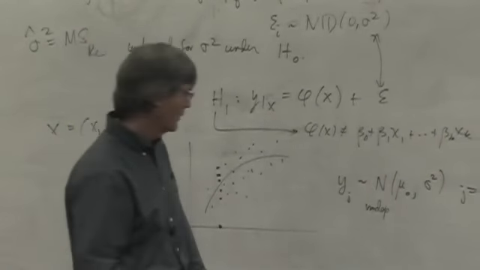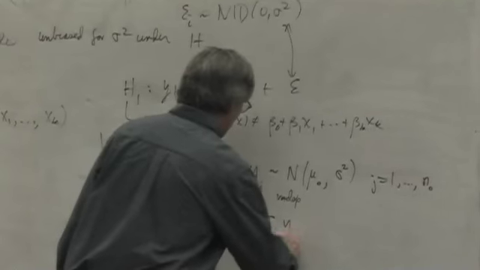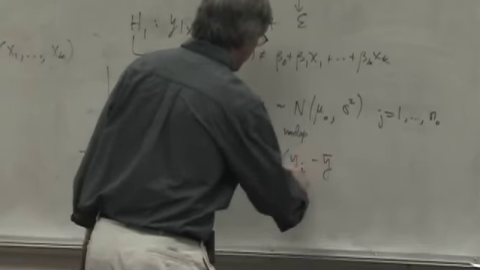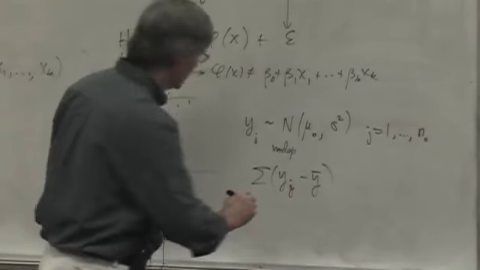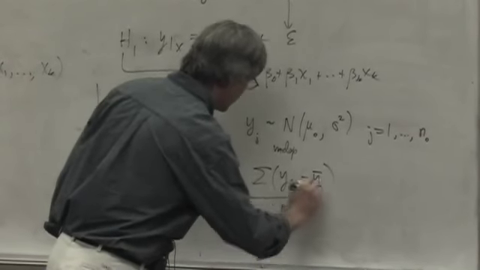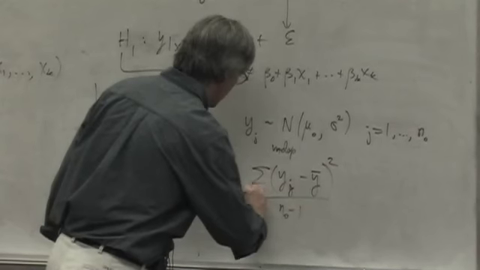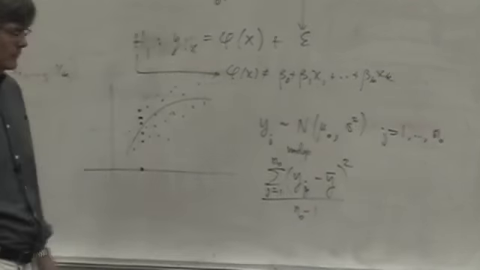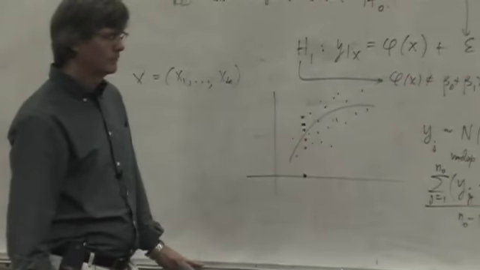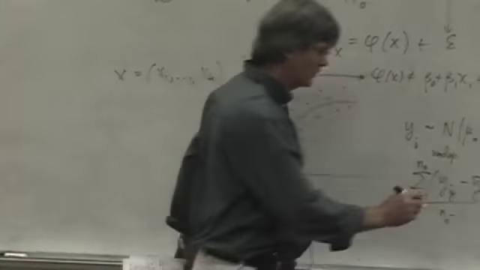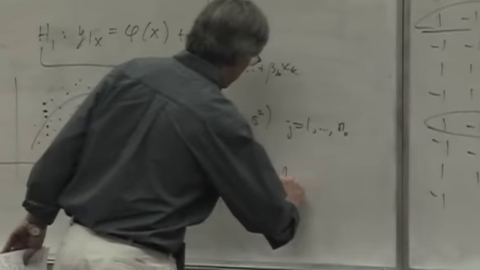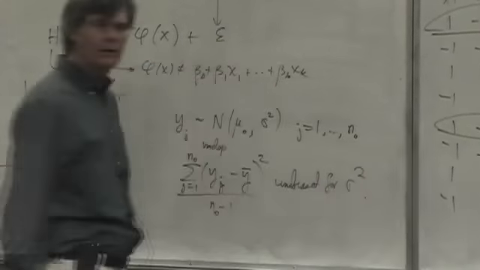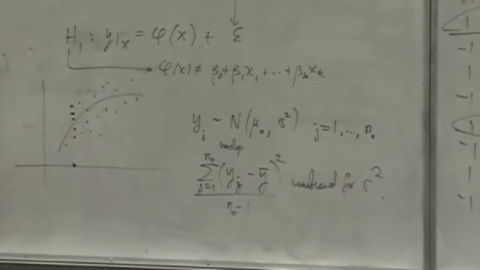Sum of squared deviations about the sample mean, divided by n naught minus 1, j goes from 1 to n naught. Okay? Estimate is unbiased for sigma squared. That's how I would do it.